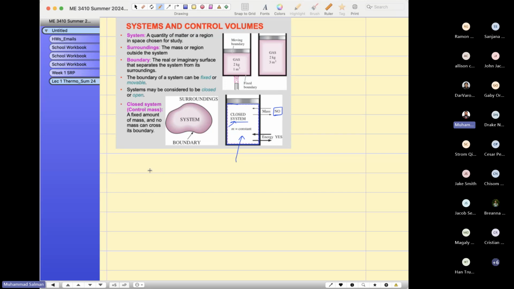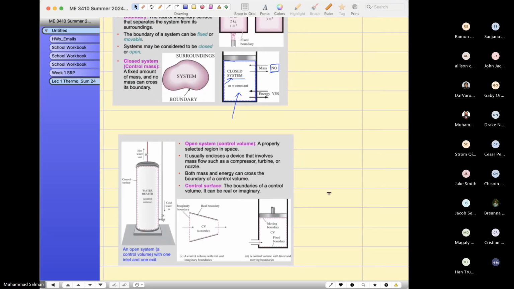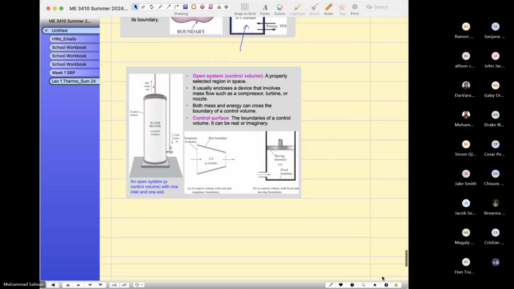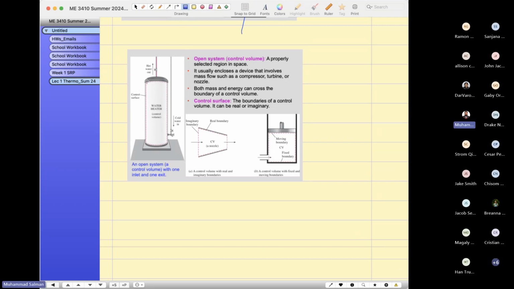Now I want to show you an example of the open system. Look over here. This is an open system, like our water heater, a properly selected region. This is our boundary.